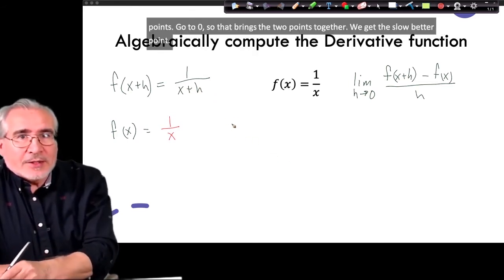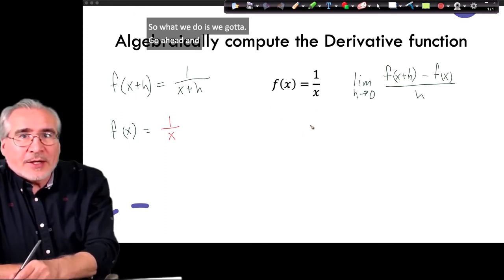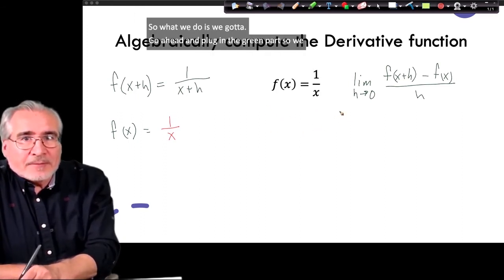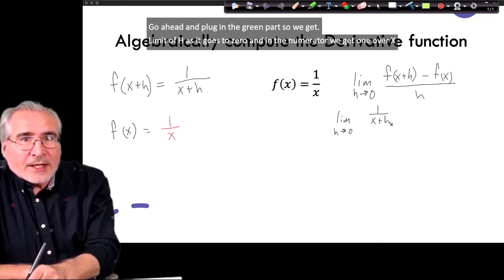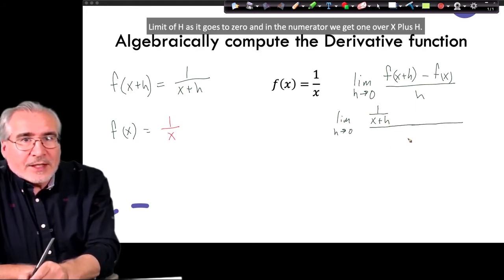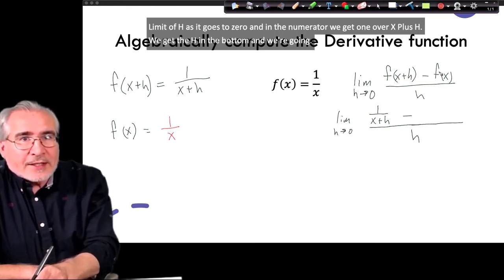Okay, so what we do is we're going to go ahead and plug in the green part. So we get the limit as h goes to 0. And in the numerator, we get 1 over x plus h. We get the h in the bottom, and we're going to subtract f of x.